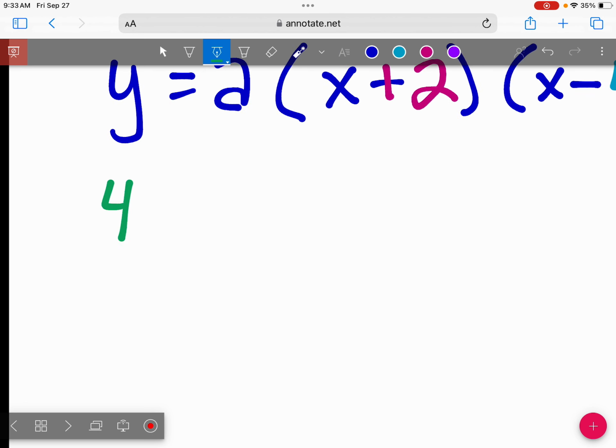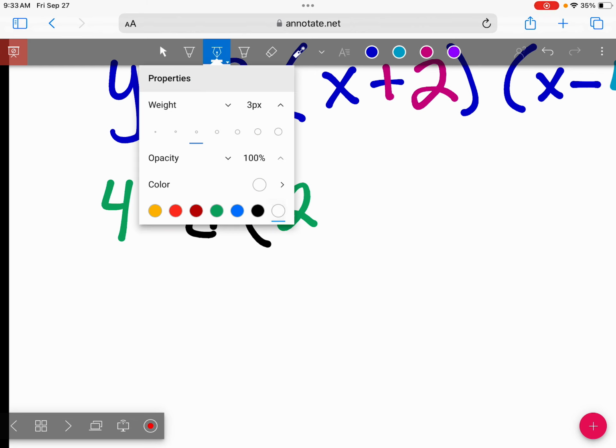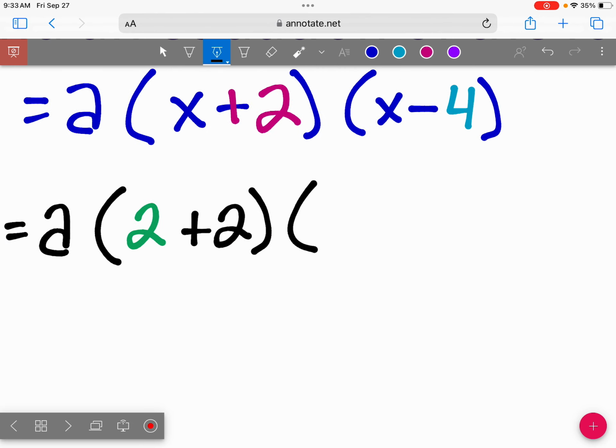So when we substitute that in, we're going to have 4 equals a, whatever that is, times 2 plus 2 and 2 minus 4.